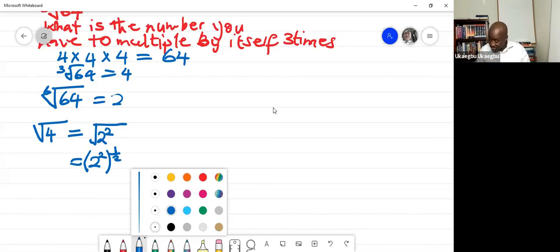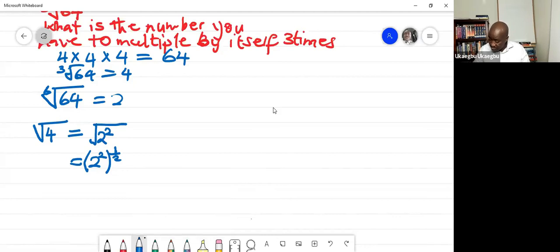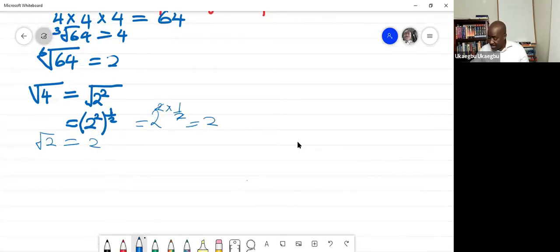Now if you see these two, this is like saying 2 times 1 over 2. So 2 crosses 2, which still gives us 2. And that's why square root of 2 squared is equal to 2. On the other hand, the one we wrote here, let's rewrite it.